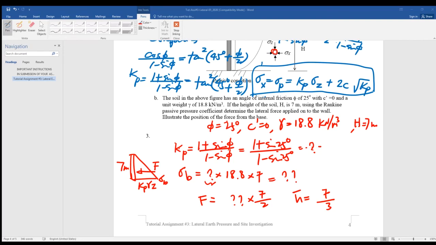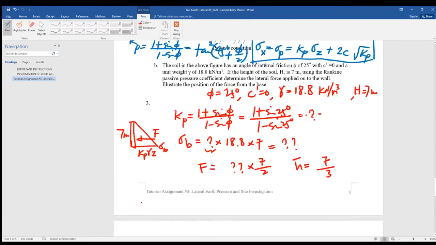When we were discussing the Z0, you know, the tension cracks. Remember that?